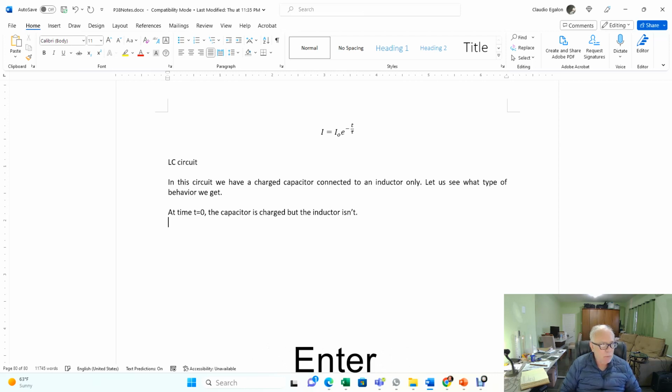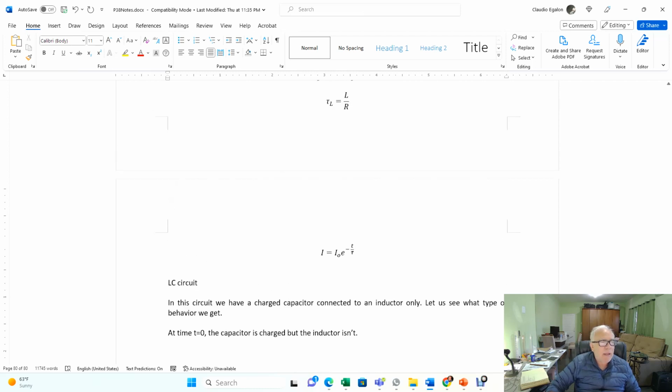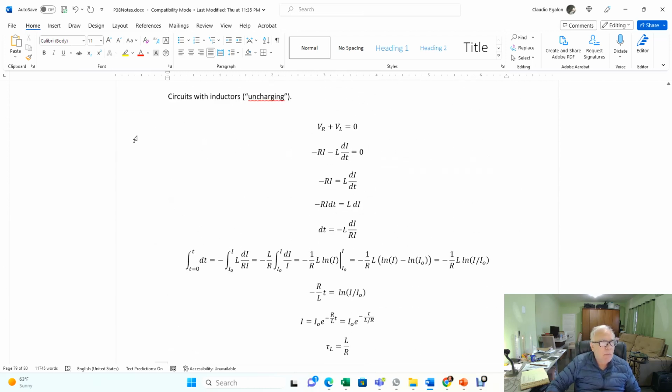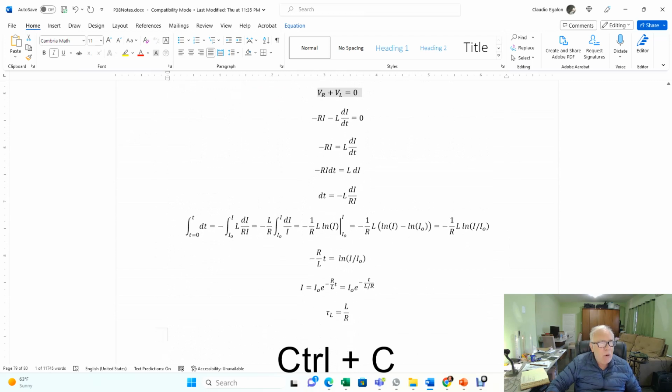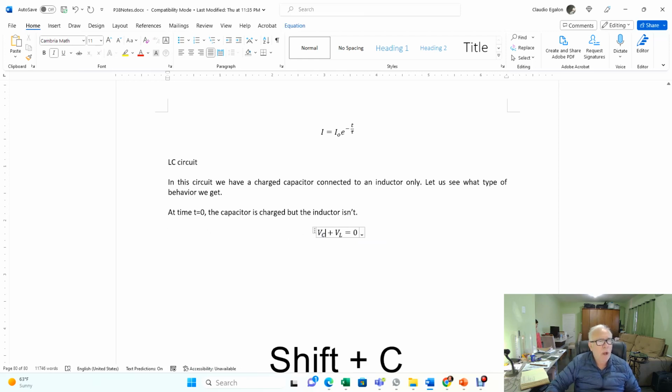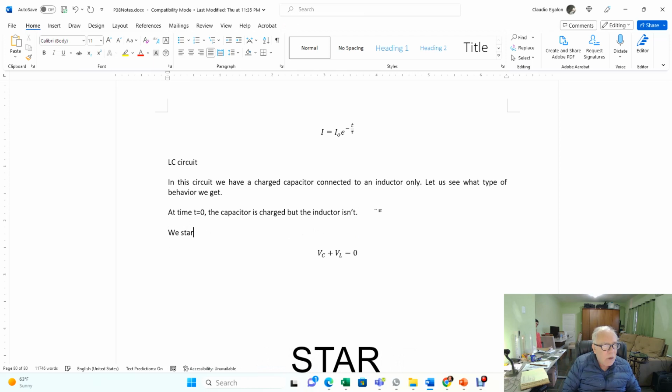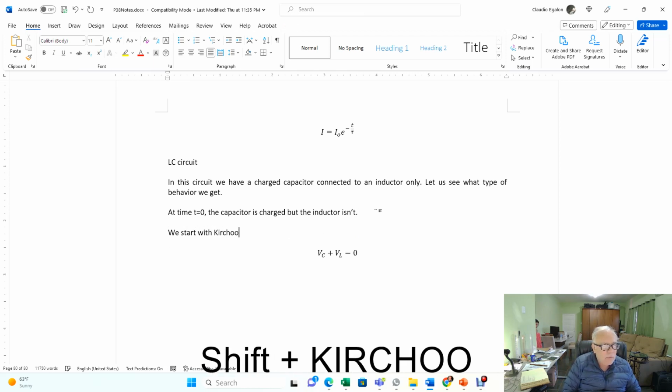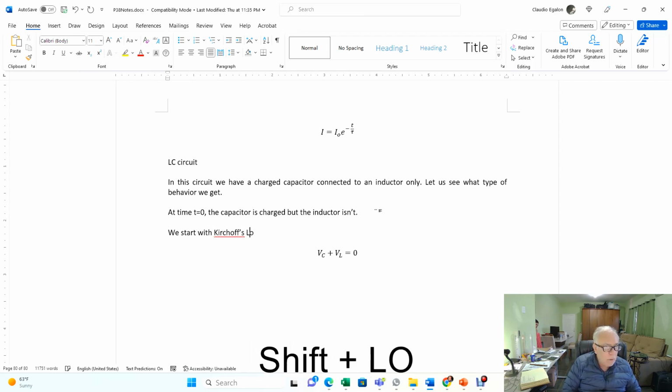And what we're going to do, we're going to have the same equations that we had before with the resistor being replaced by the capacitor. Kirchhoff's loop law, right? We start with Kirchhoff's loop law.